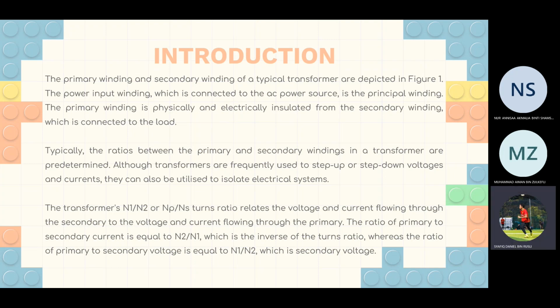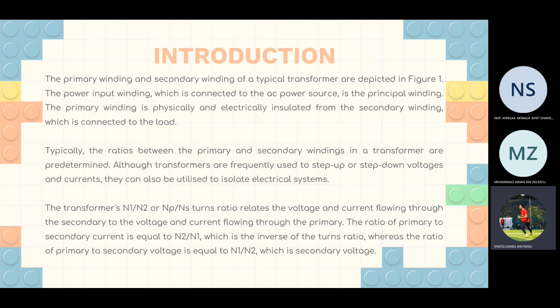Although transformers are frequently used to step up or step down voltage and current, they can also be utilized to isolate electrical systems. The turn ratio N1, N2, or NP and NS relates the voltage and current flowing through the secondary to the voltage and current flowing through the primary.